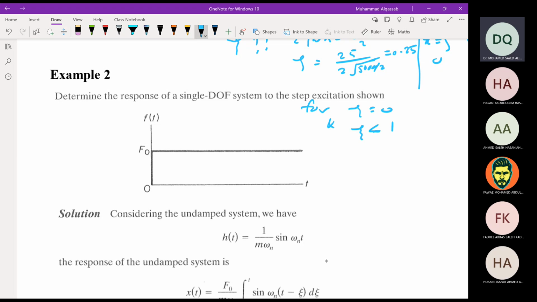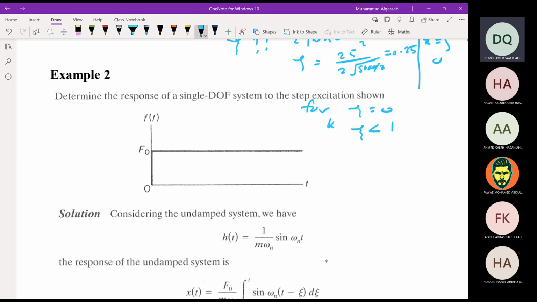Okay, so this is F naught over, you take omega n there, this becomes m omega n squared. When eta equal to t, this will be cosine 0, and cosine 0 is 1. Okay, I will do it step by step.